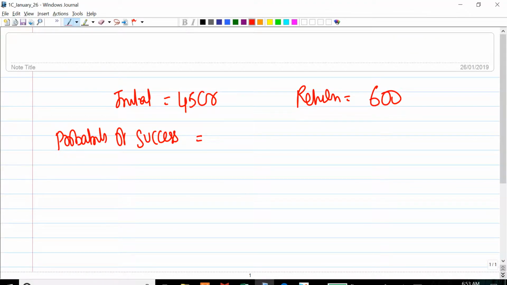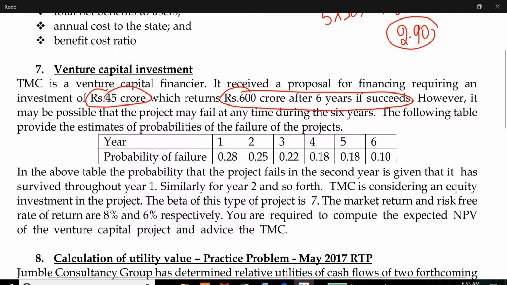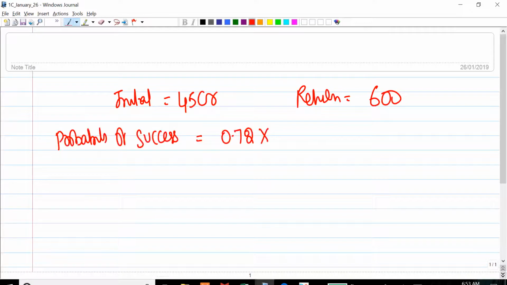So the probability of success is, there is a 0.72 probability that it will succeed in year 1. After it succeeds in year 1, it has a 0.75 probability that it will succeed in year 2.